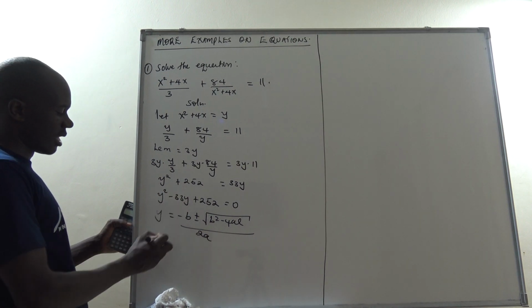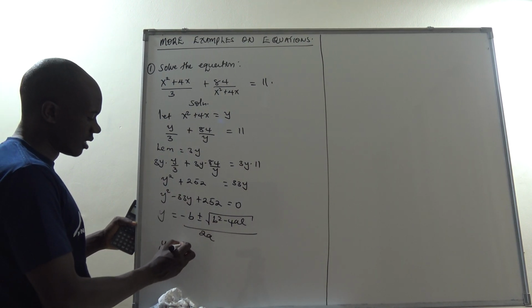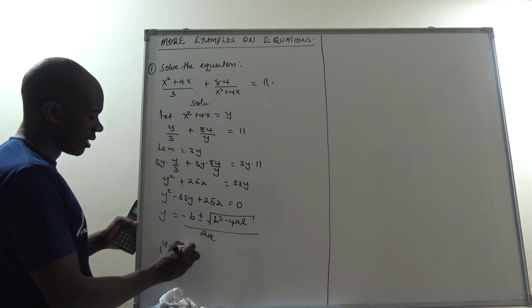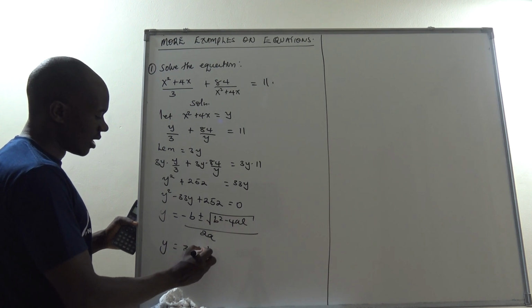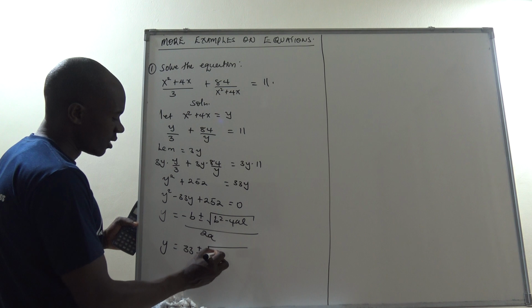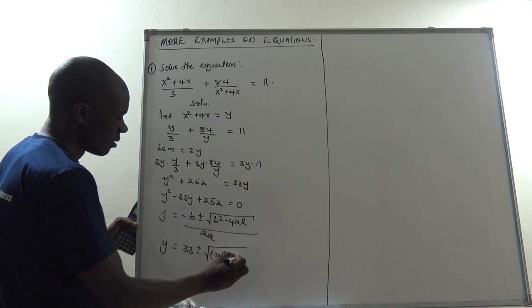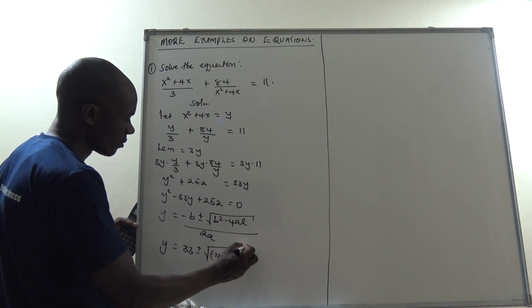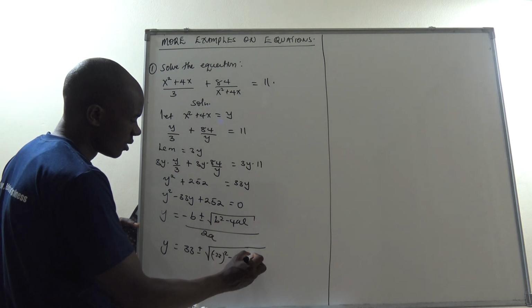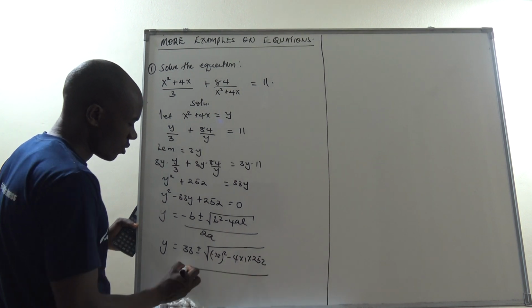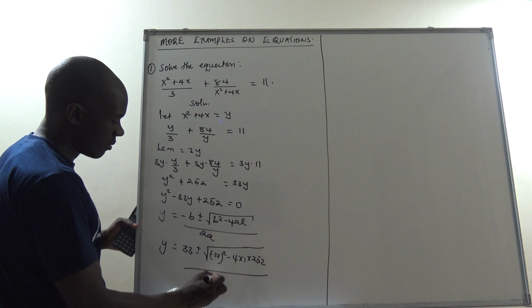So, substituting, we get negative of negative 33, that is 33, plus or minus root of negative 33 squared minus 4 times 1 times 252, all over 2 times 1.